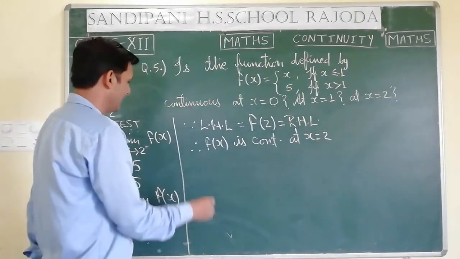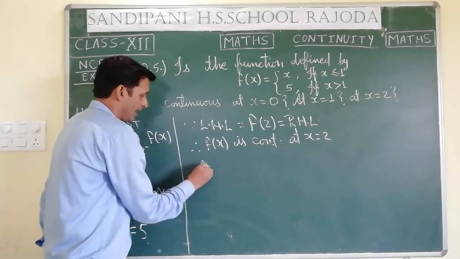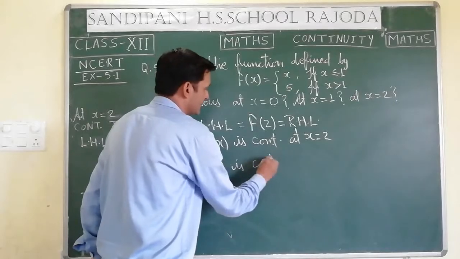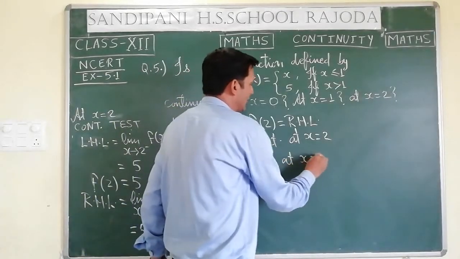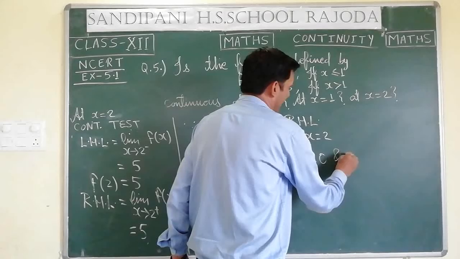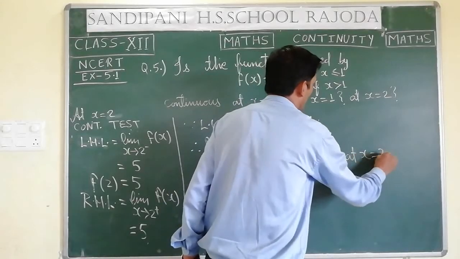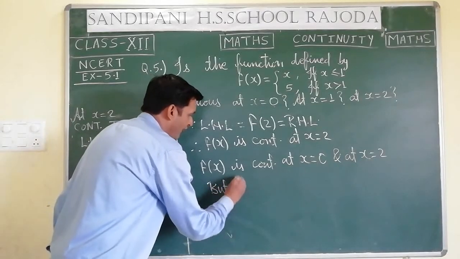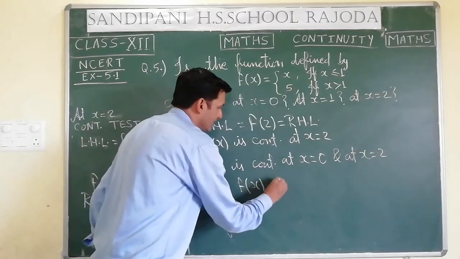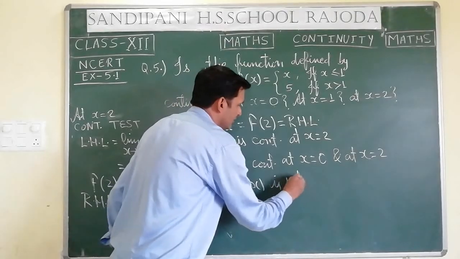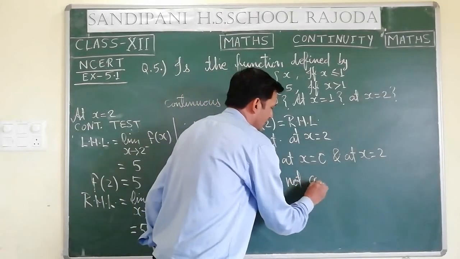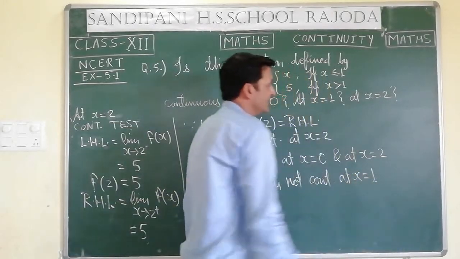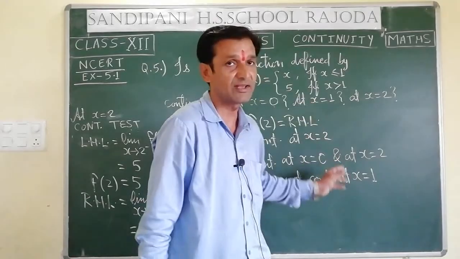So we may say that f of x is continuous at x is equal to 0 and at x is equal to 2, but f of x is not continuous at x is equal to 1. This is our conclusion. In this manner we can solve such type of question.